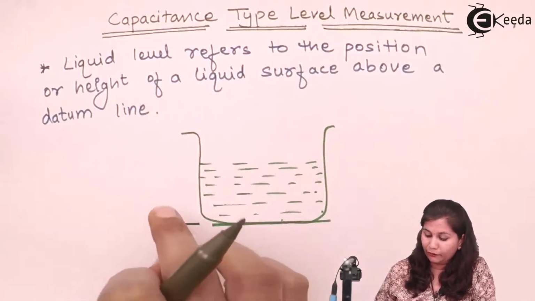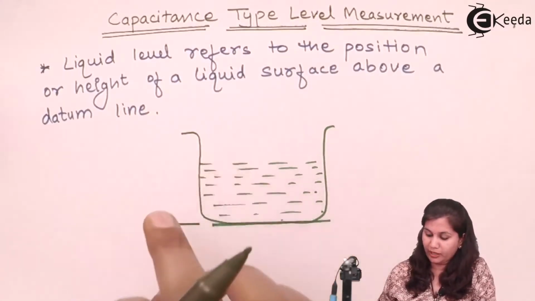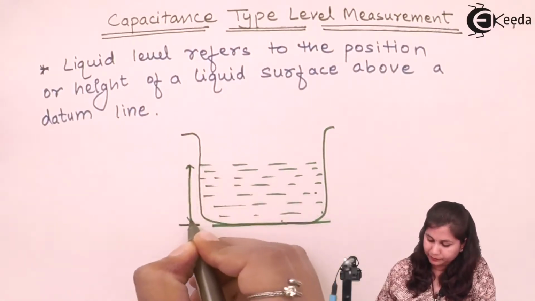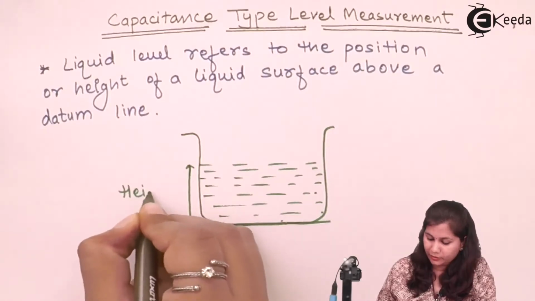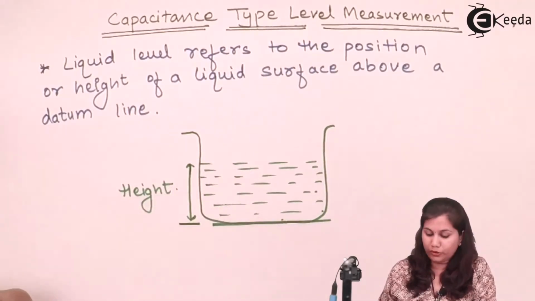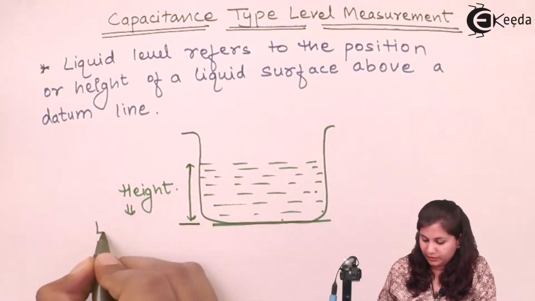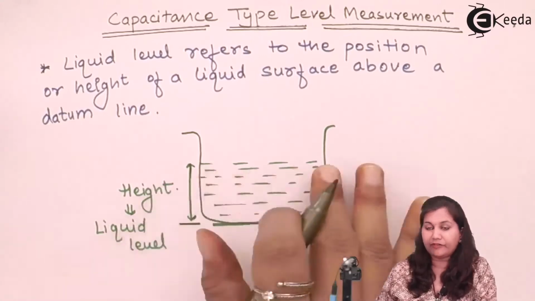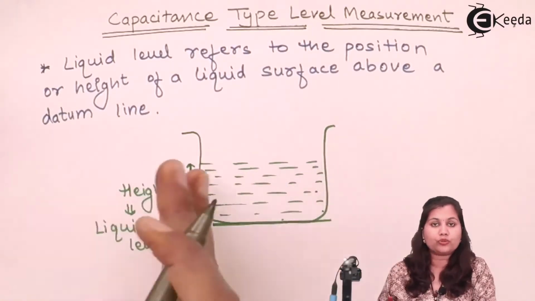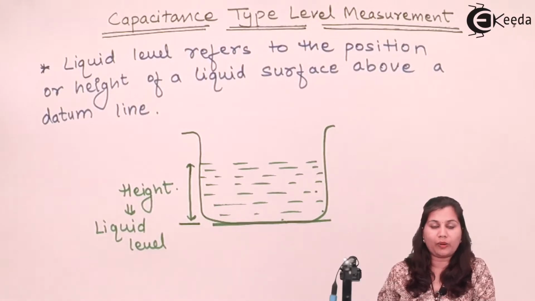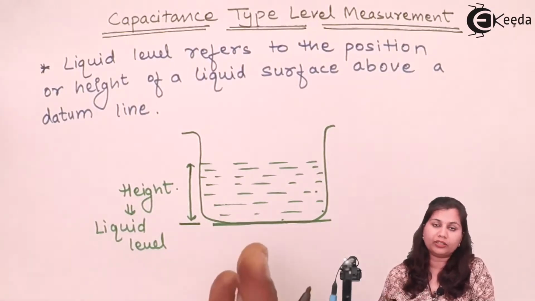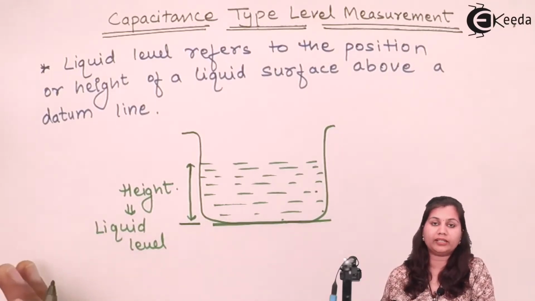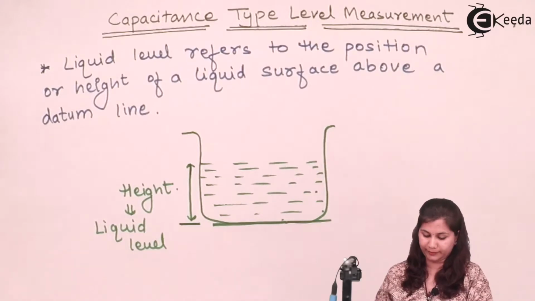The height of the liquid above this datum line is equal to the liquid level. So to measure the amount of liquid, it is required to measure the level of the liquid. So liquid level measurement is very important in industrial applications.